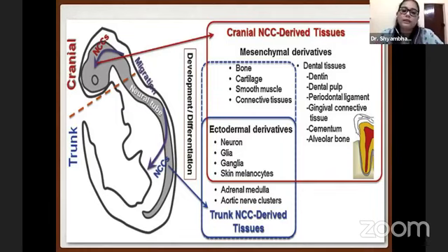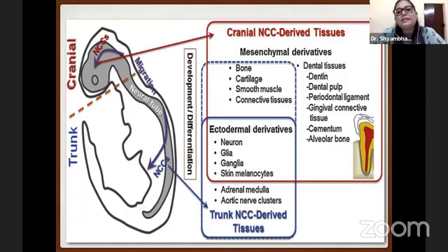During the developmental stages, these neural crest cells differentiate into the mesenchymal derivatives as well as the ectodermal derivatives. Now the dental tissues have a combination of both of these mesenchymal as well as ectodermal derivatives. So the dental pulp and the periodontal ligament share a common point of origin, that is the ectomesenchymal derivation from the cranial neural crest cells.